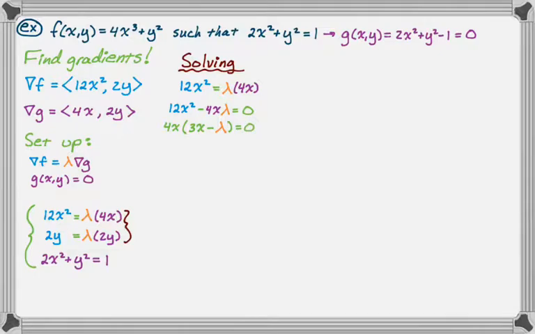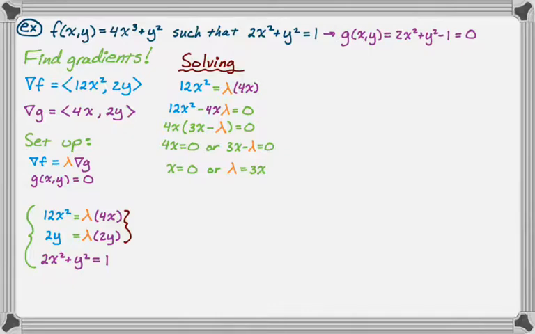All right, so to solve this, either 4x will equal 0, or 3x minus lambda will equal 0, which means either x is equal to 0 or lambda is equal to 3x. Okay, so if you just divide both sides by 4x from the outset, you have to remember that you were saying x couldn't be 0, so then you have to check and see if x is equal to 0. Either way, you should end up from this equation with x equals 0 or lambda equals 3x.